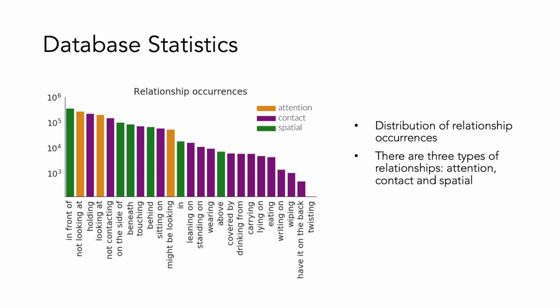Second, contact relationships, which describe how a person contacts an object. For example, touching, holding, sitting on, etc. Third, spatial relationships. For example, in front of, behind, on the side of, beneath, etc. As we can see from the distribution, most relationships have at least 1,000 instances.